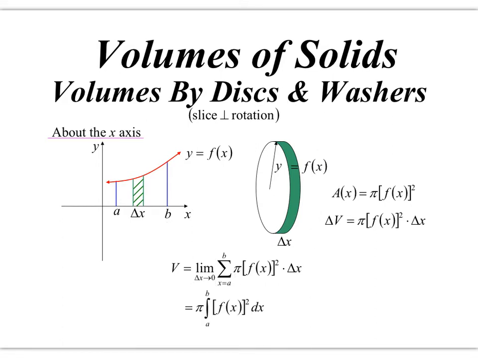And if you can recall our work from integration, another notation for this sum is ultimately the integral sign. This pi comes out the front, so there's the pi, and then what we've got left is f of x squared, and then we can call that dx.